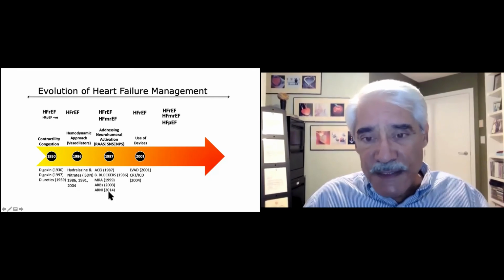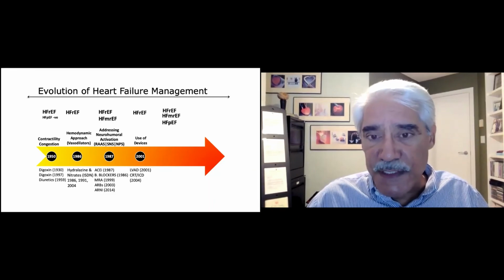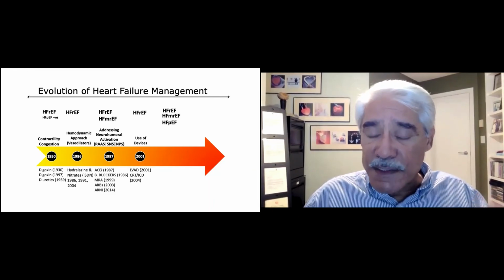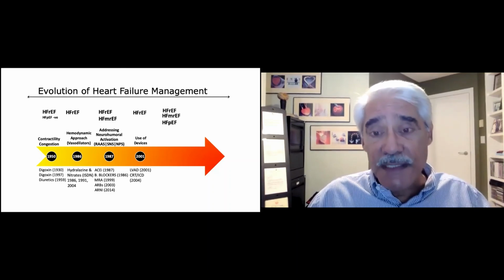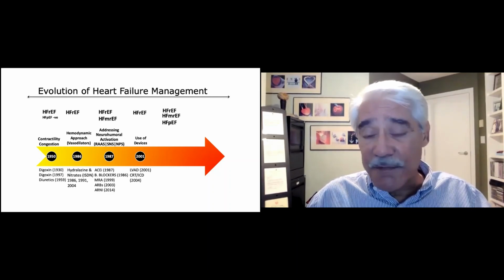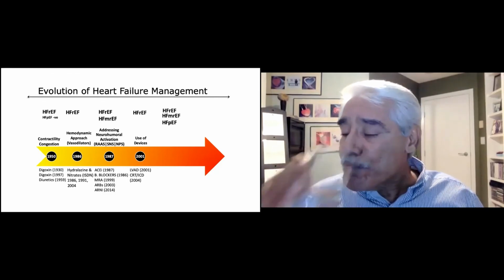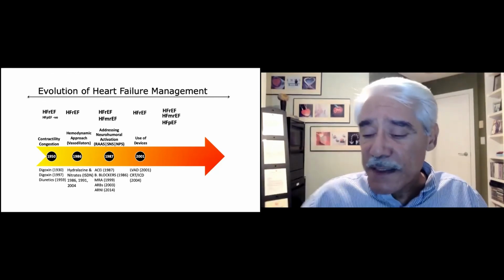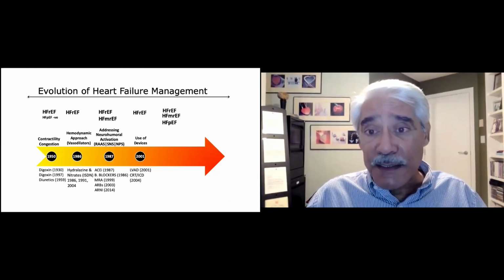We know that devices are helpful in a certain subgroup of patients who have severe systolic heart failure and ejection fraction less than 35%, and you can resynchronize the heart function if there is left bundle branch block, and you can insert a defibrillator at the same time with the same device, and it improves sudden death.